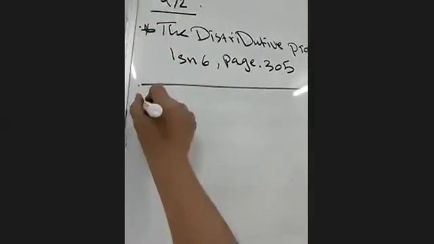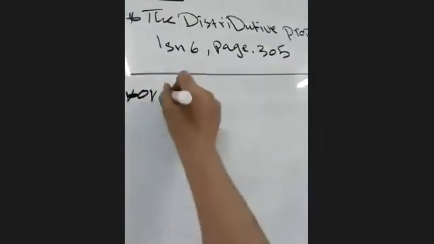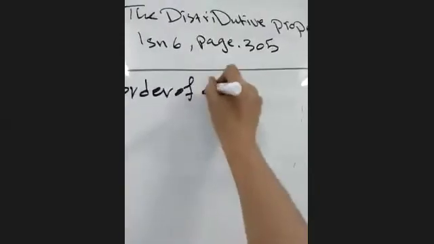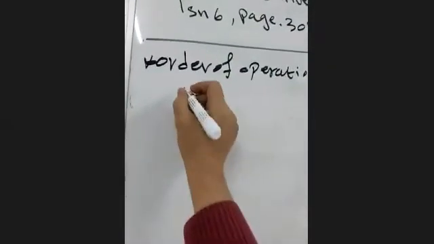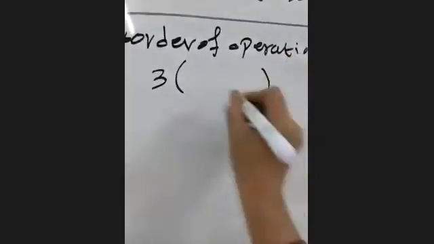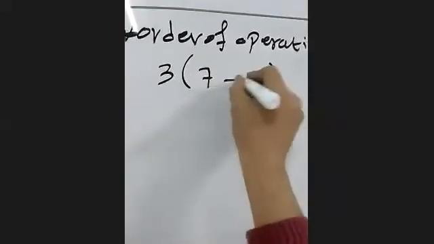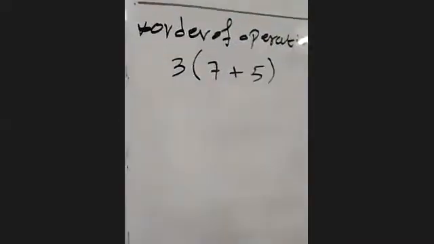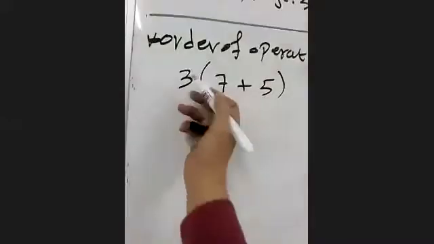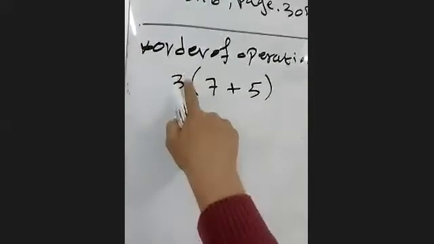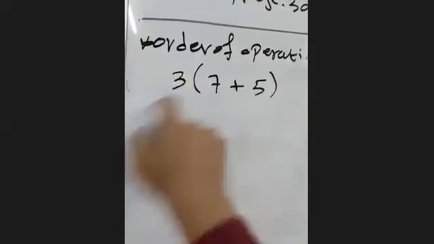Now, if you remember, guys, we took something we call order of operations. Remember we did something like this: 3 with a bracket, and inside the bracket, let's say 7 plus 5. In order of operations, we said this here means multiplication.